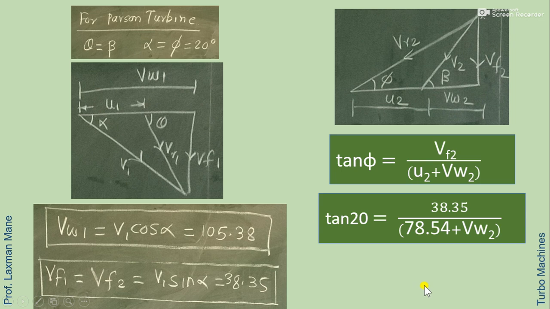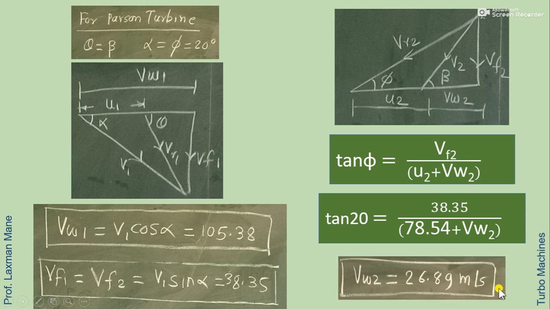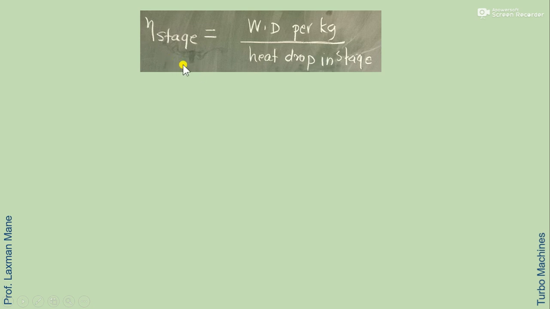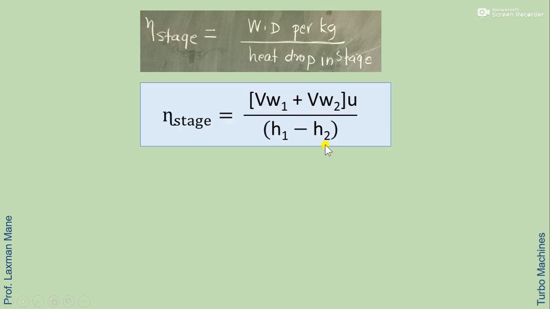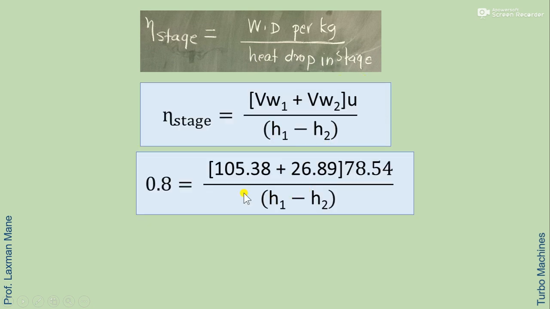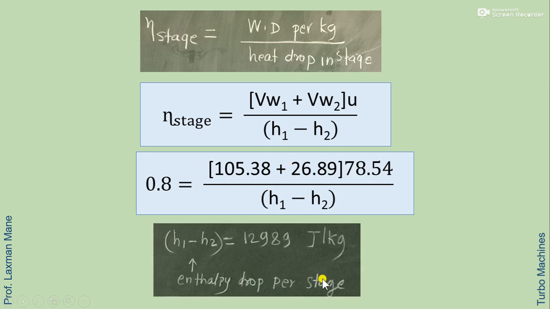So you get the Vw2 value. Then using the stage efficiency formula, work done per kg divided by heat drop in stage, in this case stage efficiency is given, Vw1, Vw2 and U we have calculated. So we find the enthalpy drop in joule per kg for the stage.